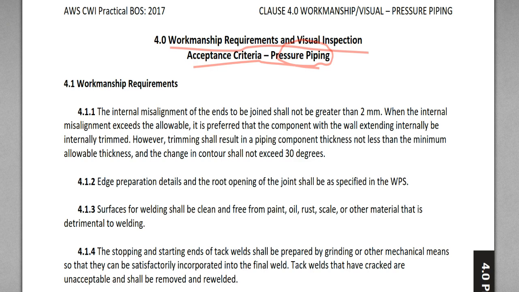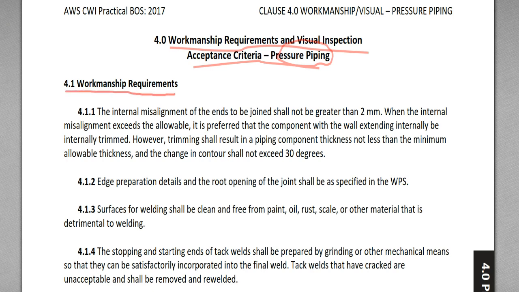And finally, chapter 4 is the Workmanship Requirements and Visual Inspection Acceptance Criteria for Pressure Piping. I repeated the titles of chapters 2, 3, and 4 because these titles are very important when you solve the actual CWI Part B questions. This is very good evidence of where to find the acceptance criteria in the actual questions through this BOS.